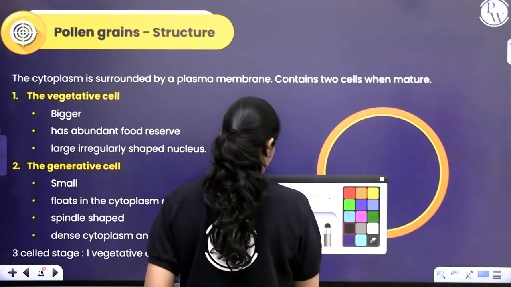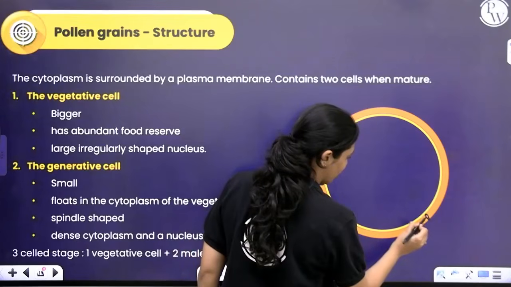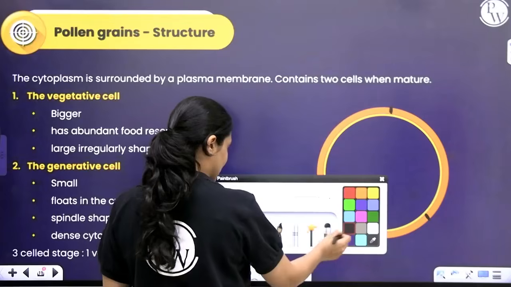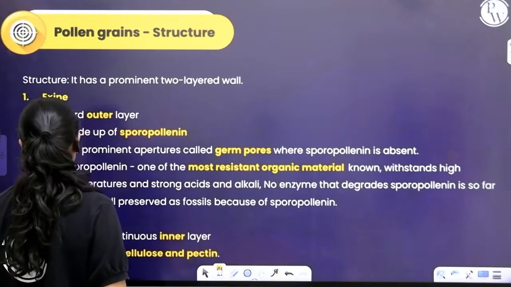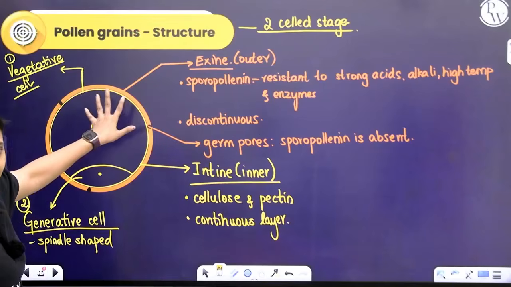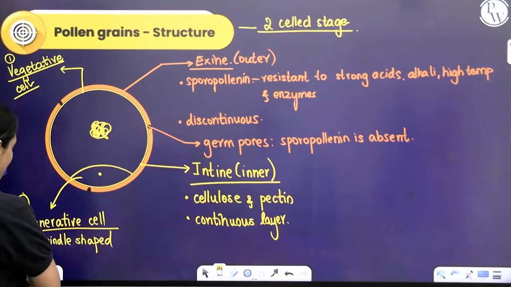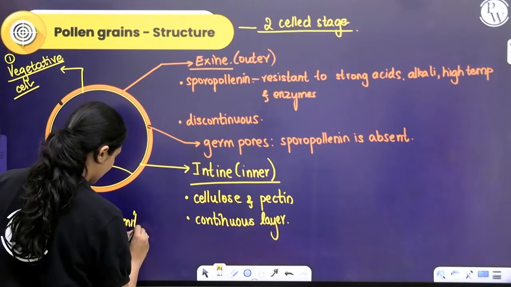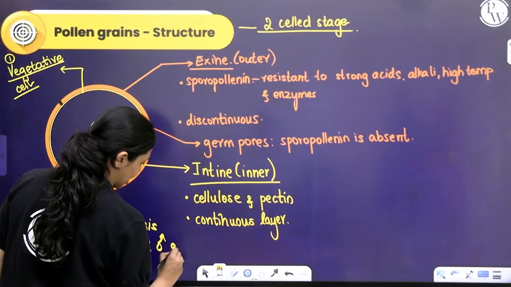That means the male gametes haven't yet formed, right? What basically happens is, the large vegetative cell will not undergo any change. The generative cell will undergo mitosis and give rise to two male gametes.